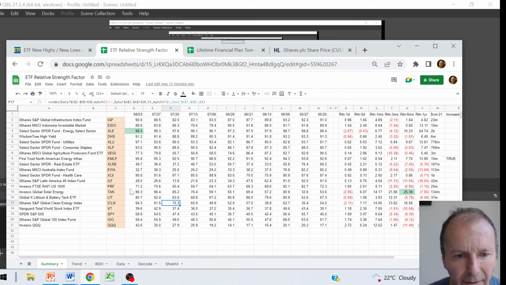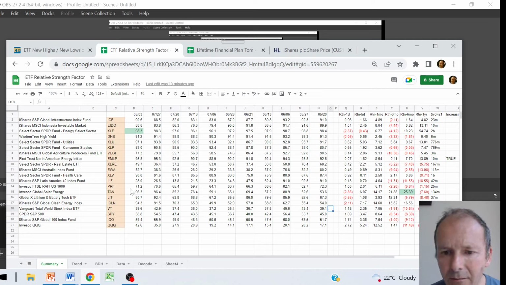Now when we look at VT, this is total world stock market, so it's pretty stable. It is in the bottom half of the rankings, but you're benefiting from fairly decent returns anyway, and you're getting that lower volatility because you've got so much within the basket.